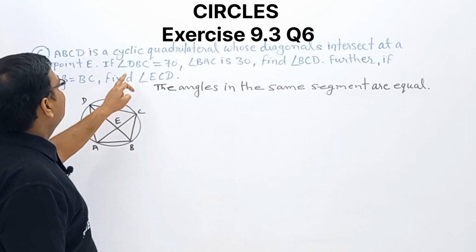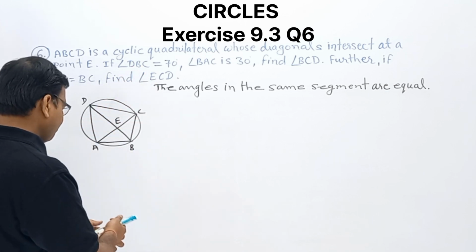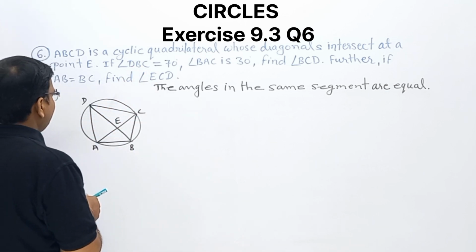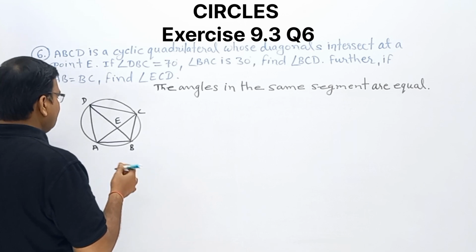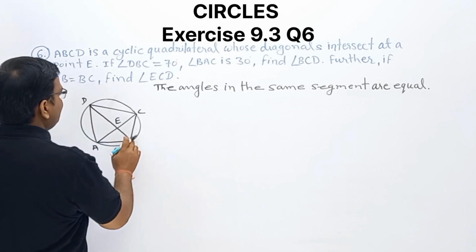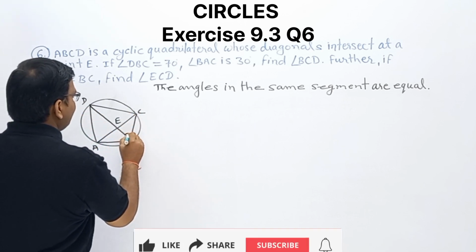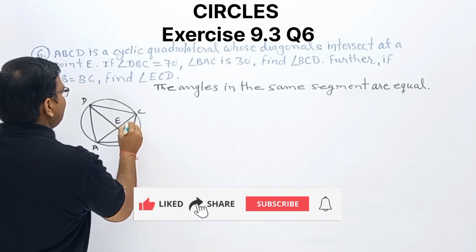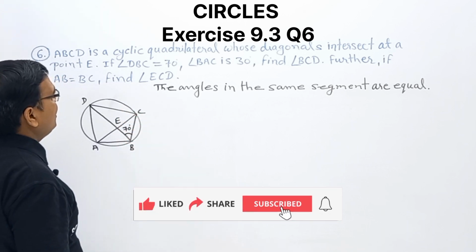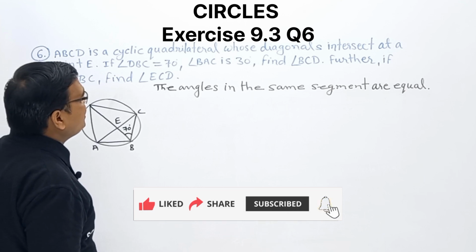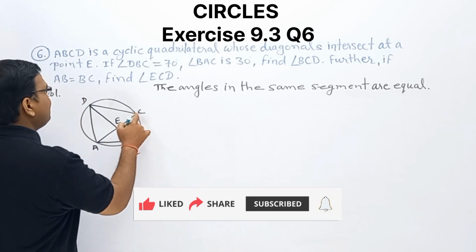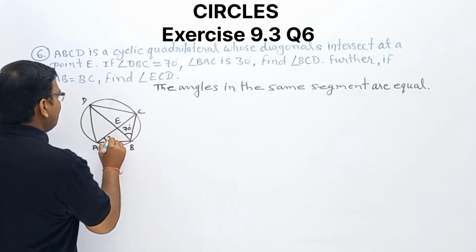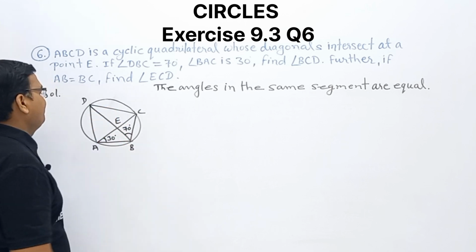If angle DBC, this angle, is 70 degree, and angle BAC, this one, is 30 degree.